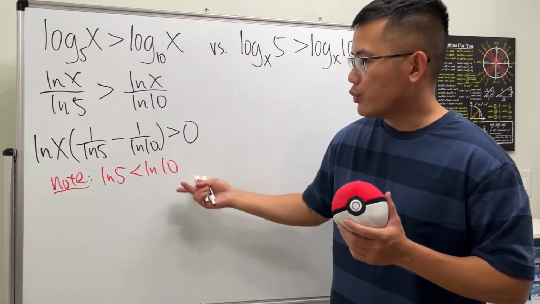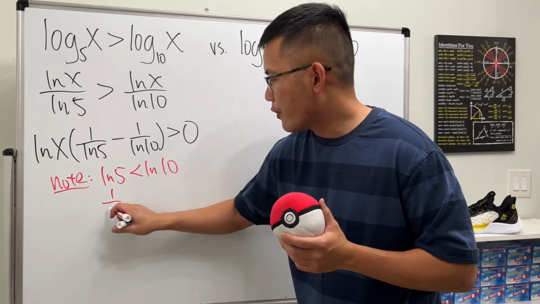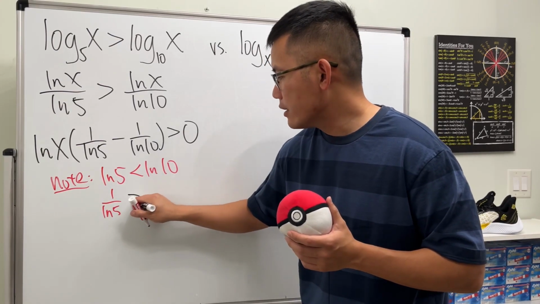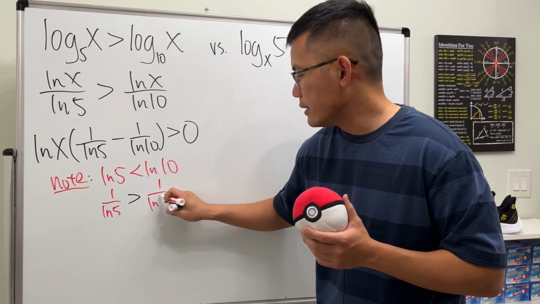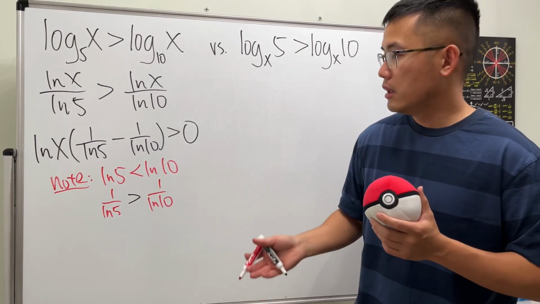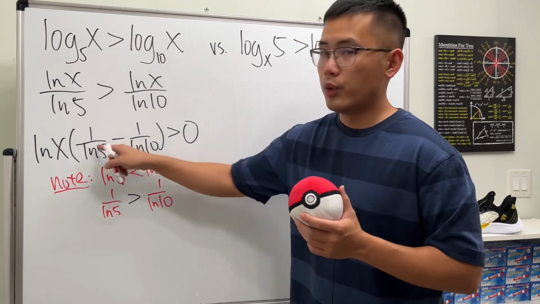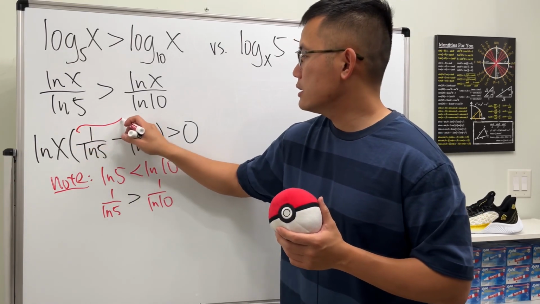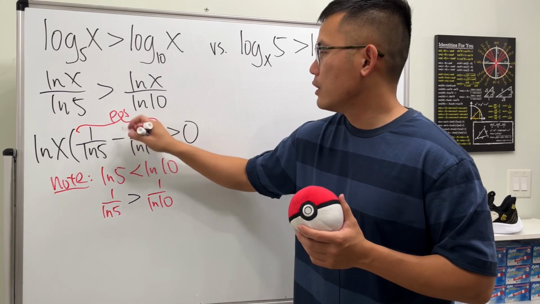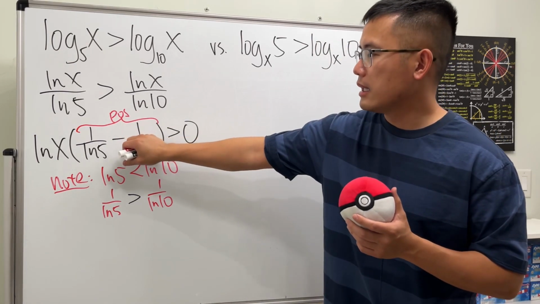However, when we do the reciprocal, 1 over ln 5 will be greater than 1 over ln 10. That means that when you subtract, this right here is positive. So we can just divide this positive number on both sides.